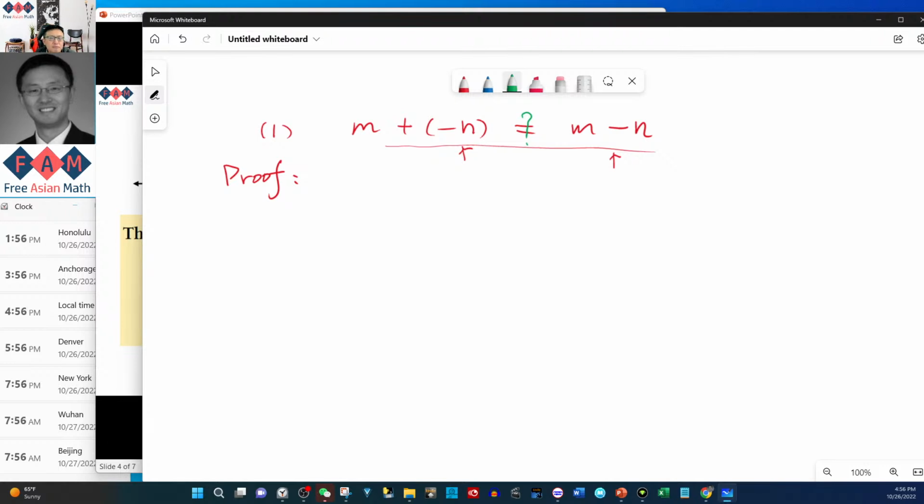So we will have to do this combined with our second one. Put all together. What is the second one? If you subtract a negation of n, it would be n plus n.